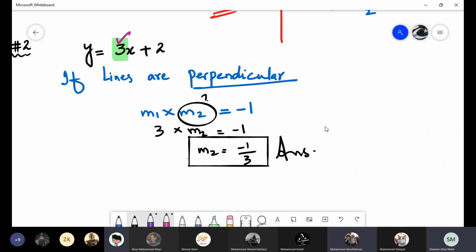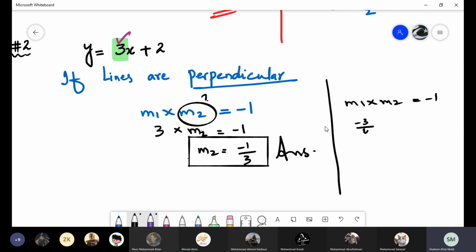Boys, who are still solving the B part, do you know how to do the B part? Again, write the same formula. M1 multiplied by M2 is equal to -1. M1 is here -3 by 4, multiplied by M2 is equal to -1. When you take this -3 by 4 to the other side, it will be -1 multiplied by 4 over -3.